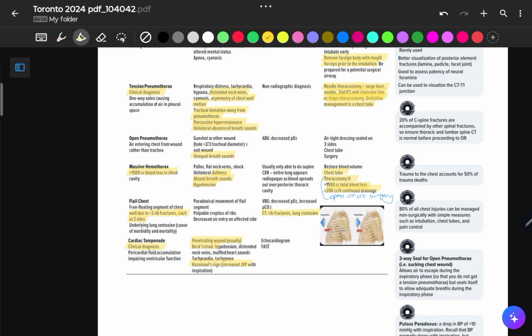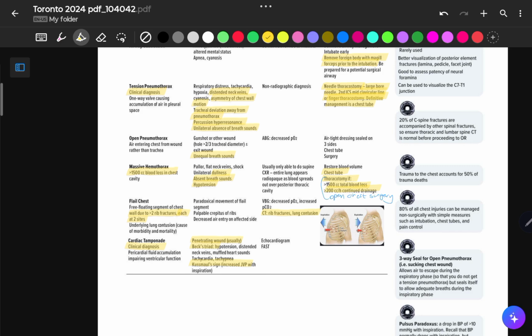The patient presents with paradoxical movement of the flail segment. So you have your normal chest movement, and then you will see that the flail chest will move opposite to the normal chest movement. So that's what it means.